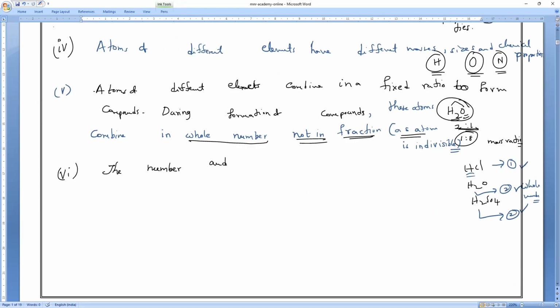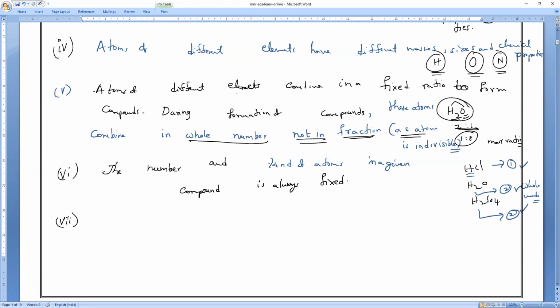So the number and kind of atoms in a given compound is always fixed. That is the fifth point.